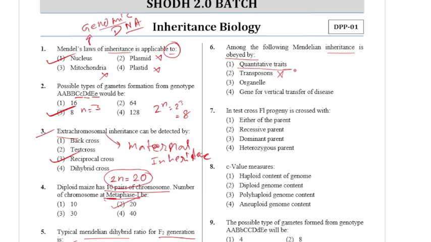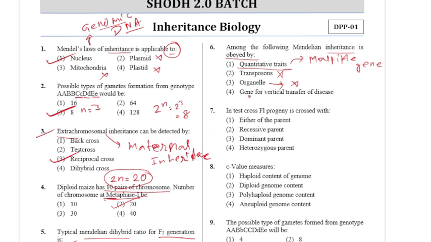Quantitative inheritance also doesn't follow Mendelian inheritance because it is an example of multiple genes. Organelle, again, is an example of mitochondrial inheritance or chloroplastial inheritance. That is another example of maternal inheritance, so it can't follow.